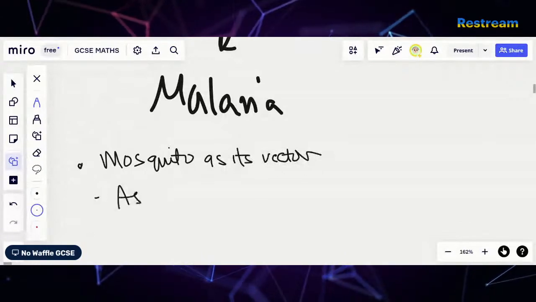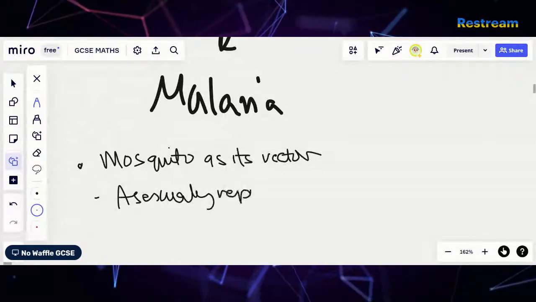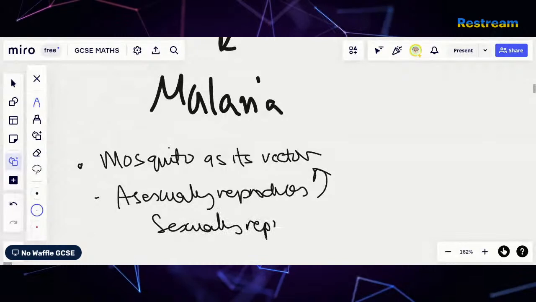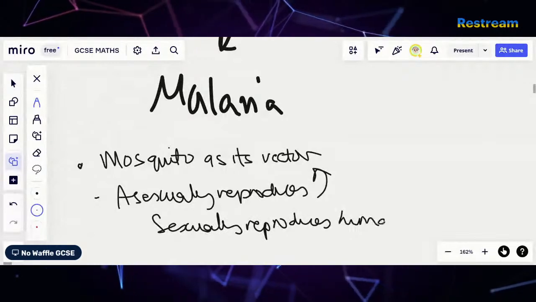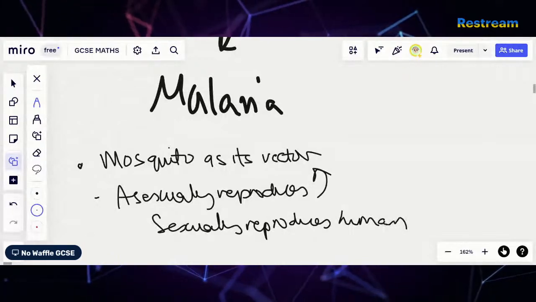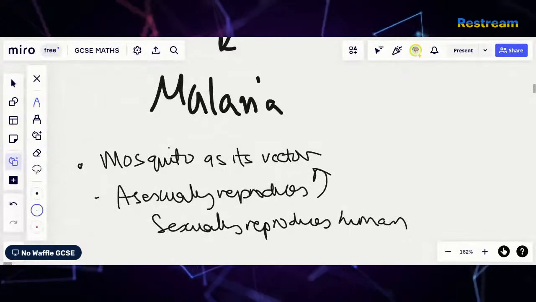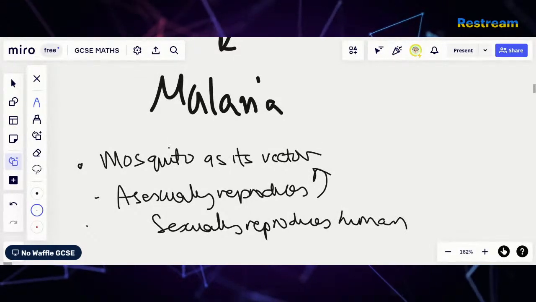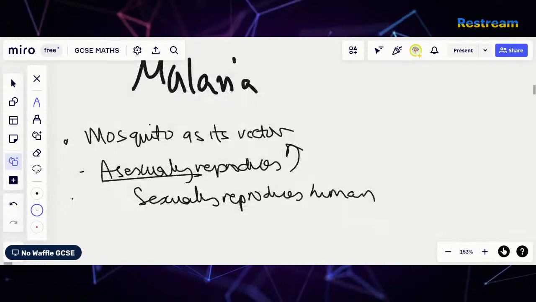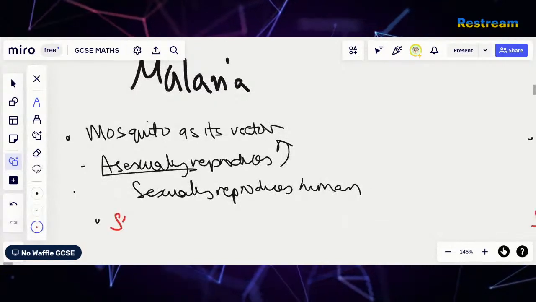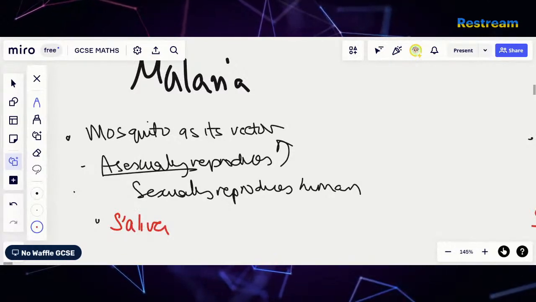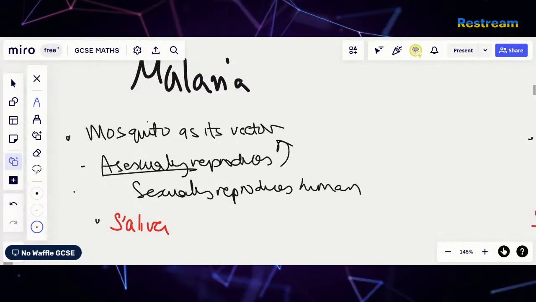It reproduces asexually in the mosquito and sexually in humans, and it's spread through their saliva. It's being prevented using an insecticide, coating insect nets while sleeping, removing stagnant water, and things like that.